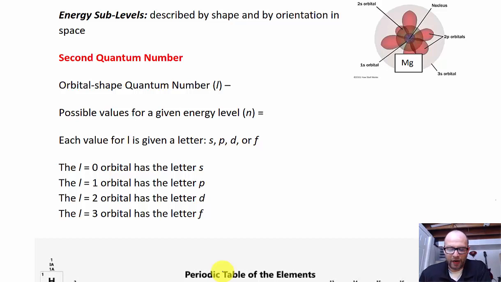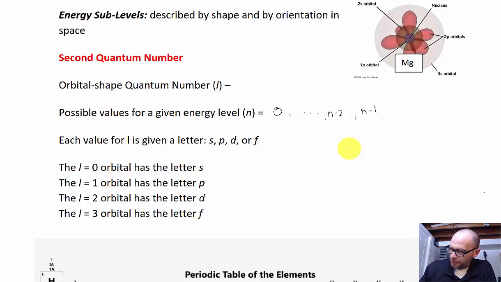For the possible values for any energy level, there's a formula. The possible values start from n minus 1, n minus 2, and keep going until you get to 0.